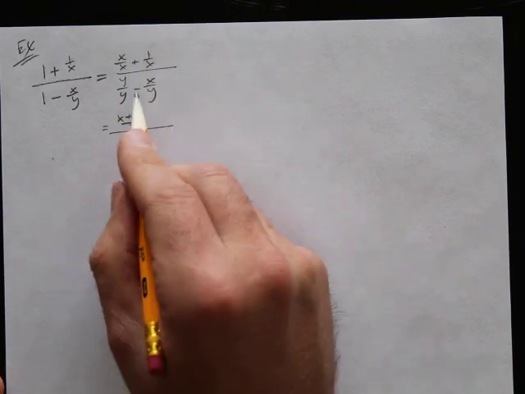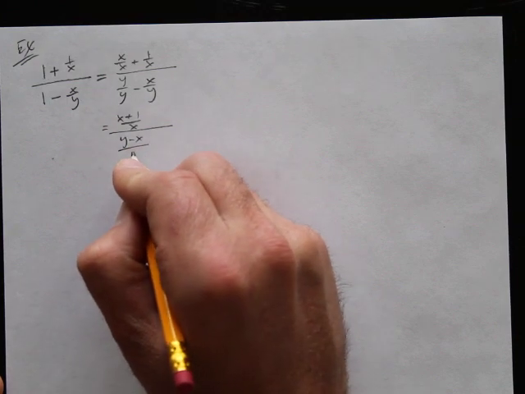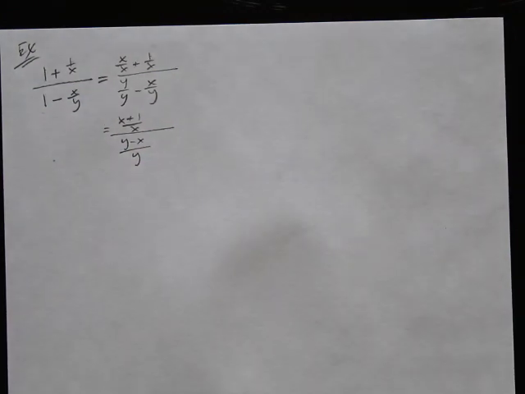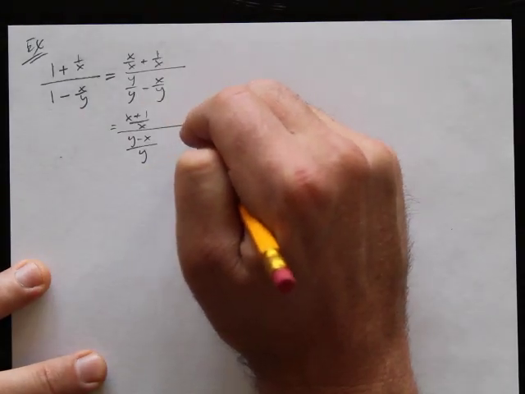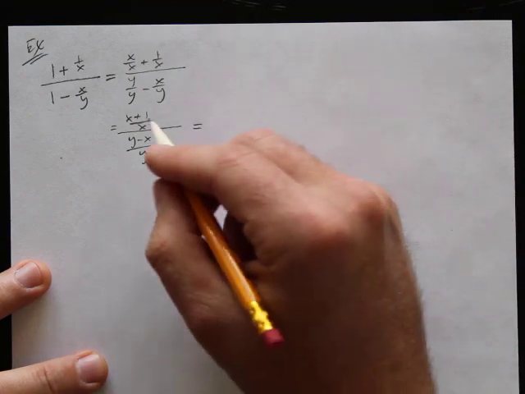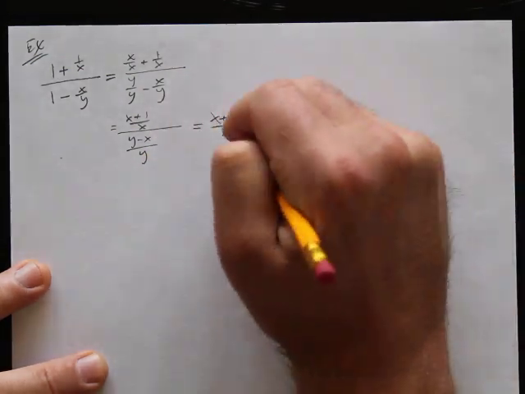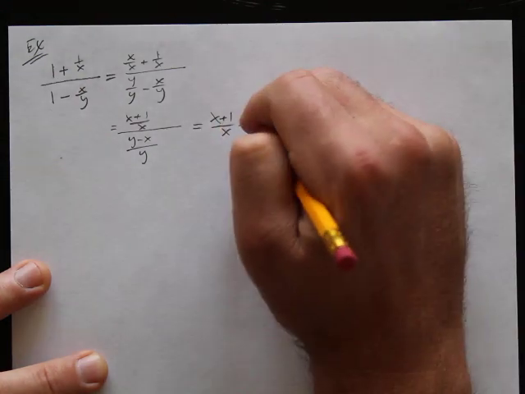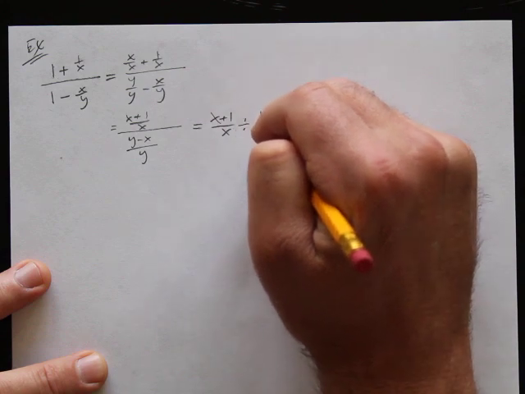Now for the denominator, these y's are fine, so I have y minus x over y. Now I'm going to rewrite this. I'm going to go this way because I just feel more comfortable doing it that way. x plus 1 over x divided by this one, which is y minus x over y.